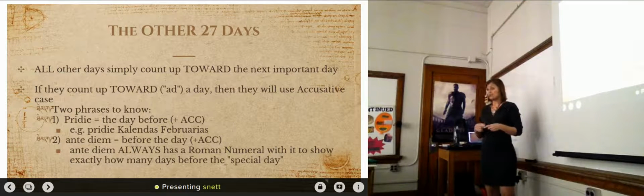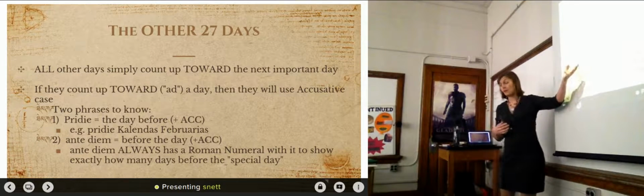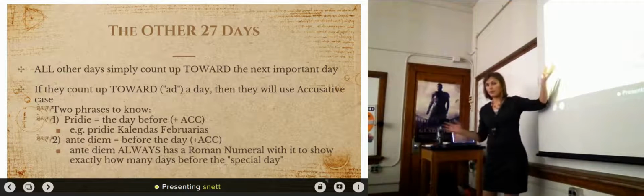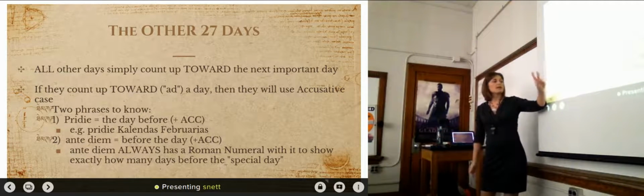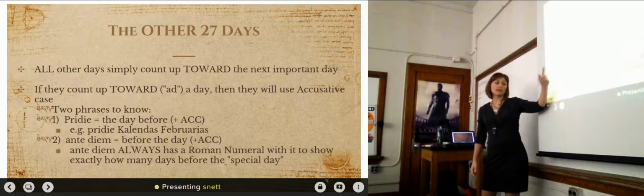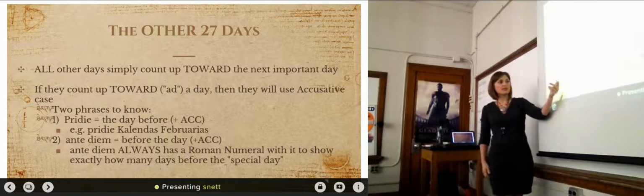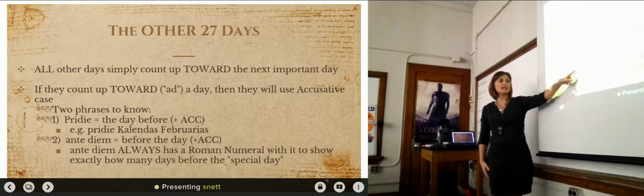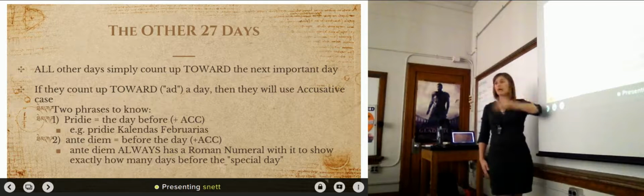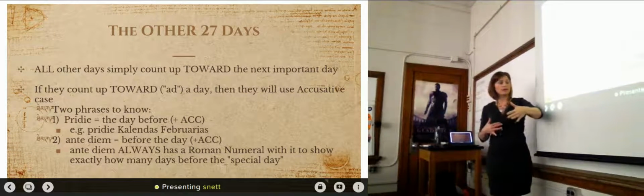Another expression to use, since pridie only helps us with another 3 days out of the month, we still have 24 or 25 to play around with. The other process that we use involves ante diem. Ante is a preposition that will always take accusative, so any word that follows it will be accusative.